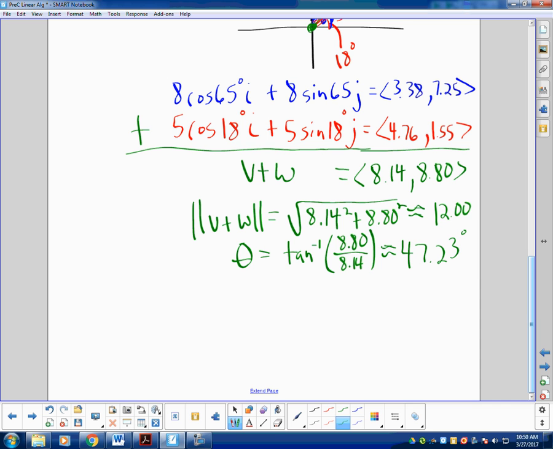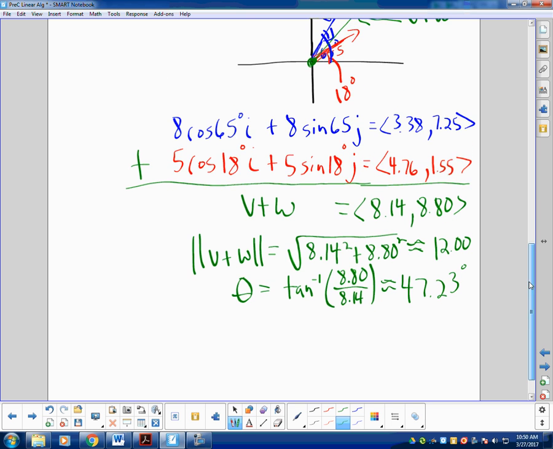So we found the magnitude, that was about 12. We found the direction, and we've drawn a sketch of the vectors and their geometric sum. Any questions on that?